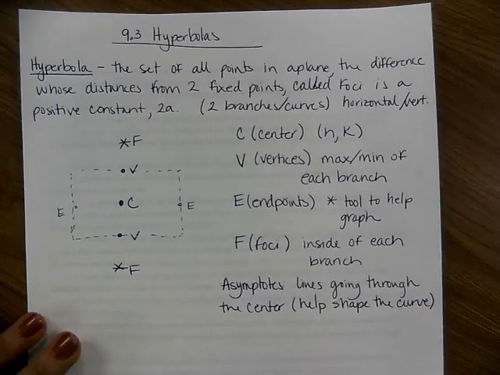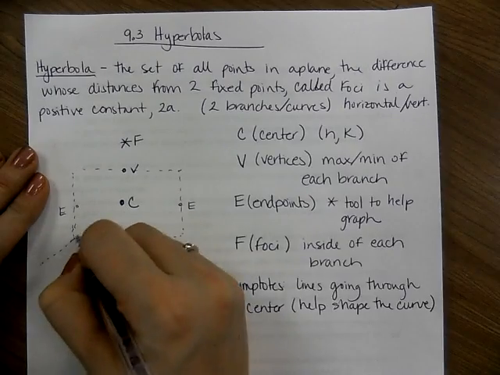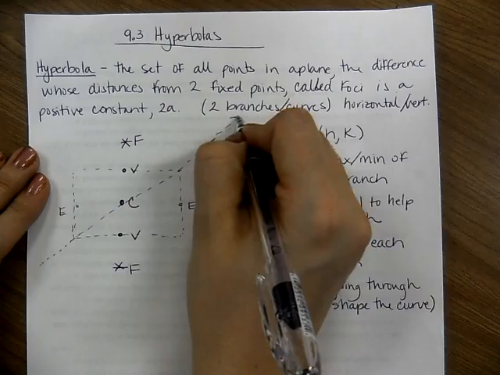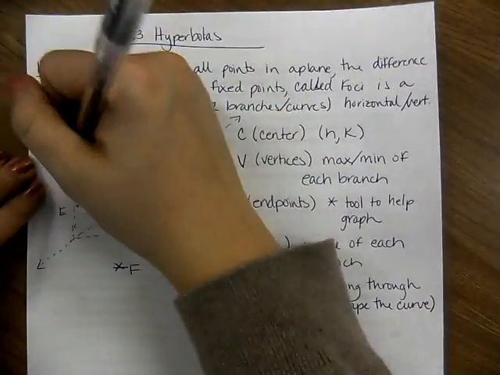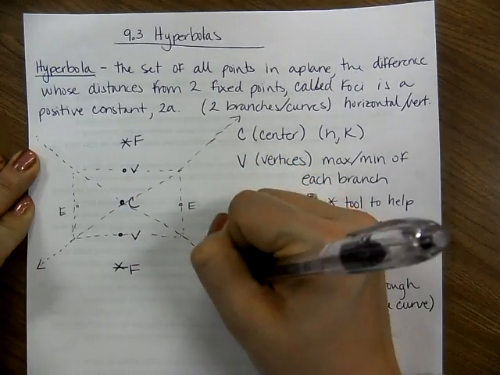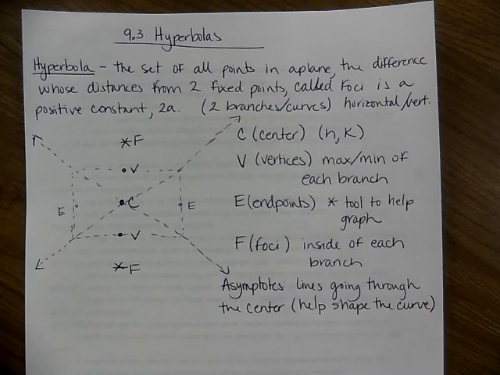Okay, so now there are these asymptotes that go through the vertices of this rectangle, and they also go through the center. Okay, and anytime you draw in an asymptote, we always draw it in as like a dashed line. Now remember, this is a line that the graph cannot cross. Right? We learned about asymptotes in chapter 2.